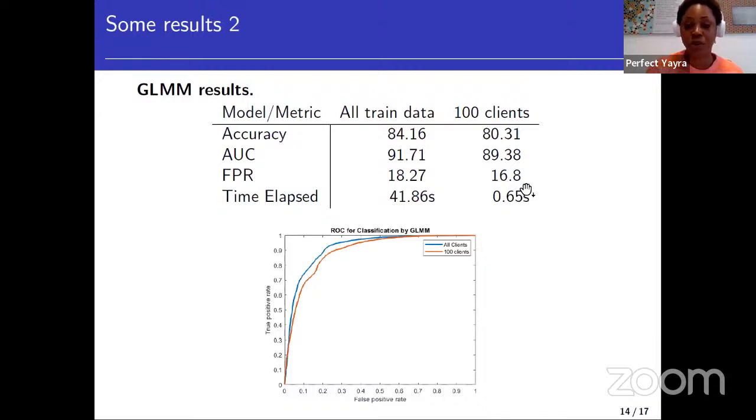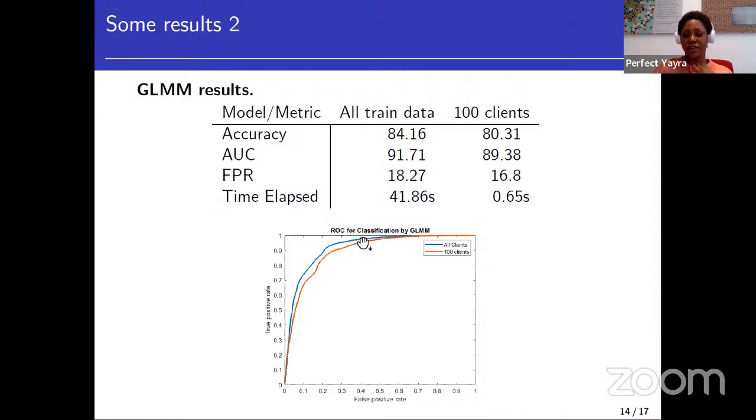The interesting thing is that, because of our end goal, what we are interested in is minimizing the false positive rate. That is, we don't want the situation where somebody will not achieve a goal, but we classify that person as somebody who will. You notice that using these 100 clients selected by block CUR gives us a lower false positive rate compared to using the whole 44,000 clients.